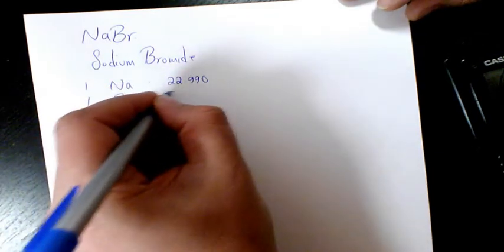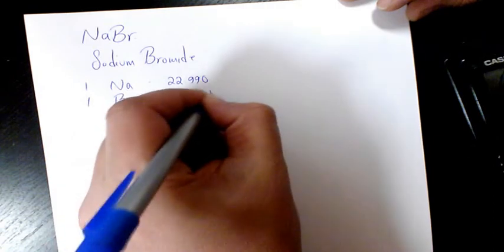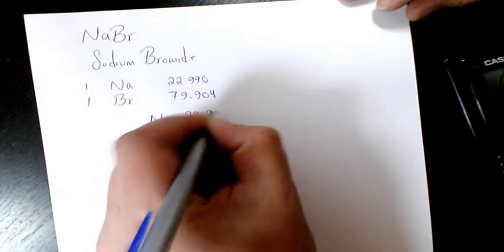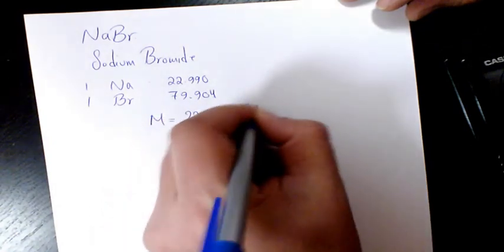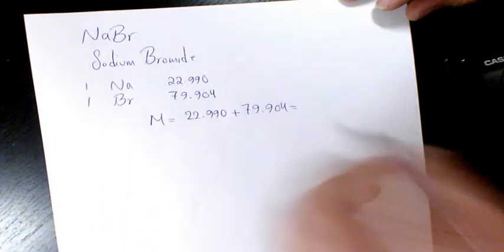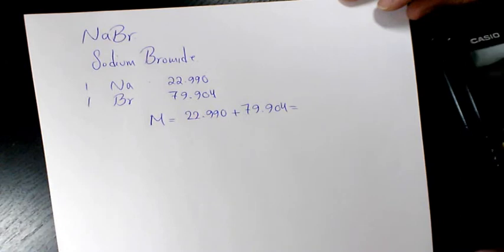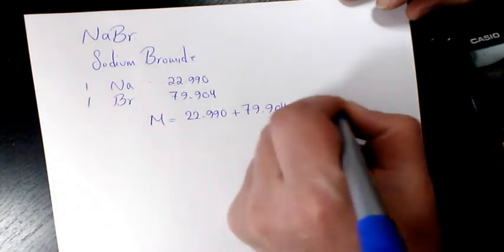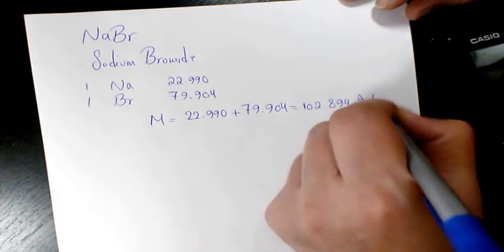Bromine is 79.904. So molar mass is going to be 22.990 plus 79.904. It's going to be 102.894 grams per mole.